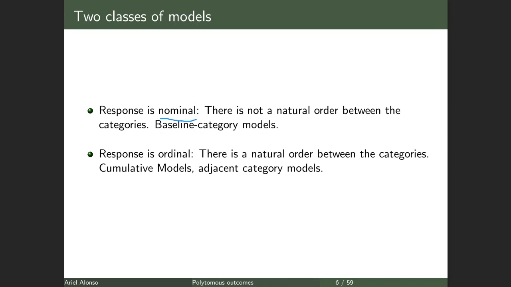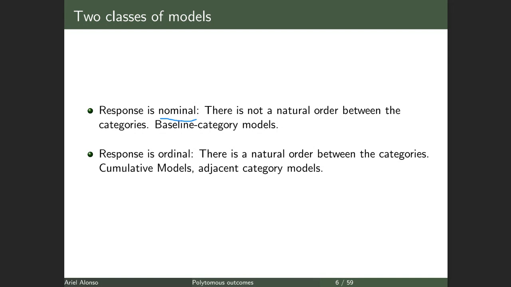So you may consider an outcome that is, let me see if I can come out with such an outcome. For instance, if your outcome is where a certain individual lives, you have Wallonia, you have Flanders, you have Brussels. Well, these are just labeled categories. There is not a natural order. I cannot say that Flanders is better or larger than Wallonia, and Wallonia is better or larger than Brussels.